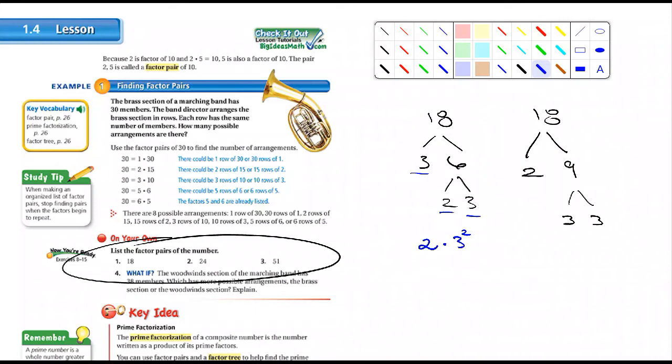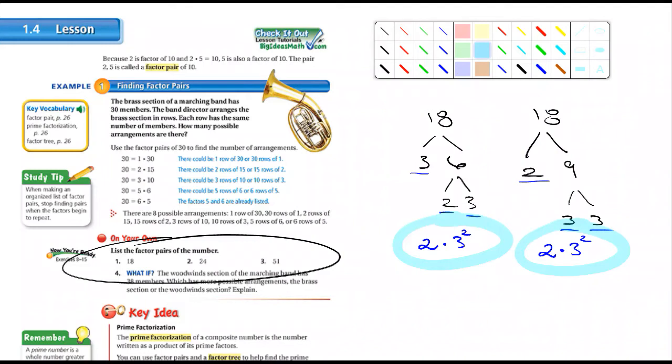Now, let's look and see if we would get the same thing doing it with this method. So, how many 2s do we have? We can't go any further with that, right? So again, how many 2s do we have? 1. How many 3s do we have? 2. Notice that they are the same.